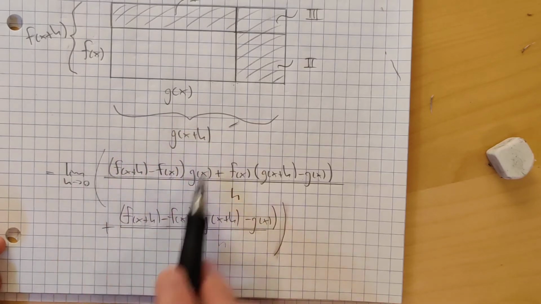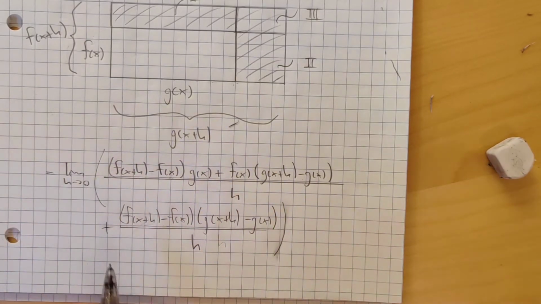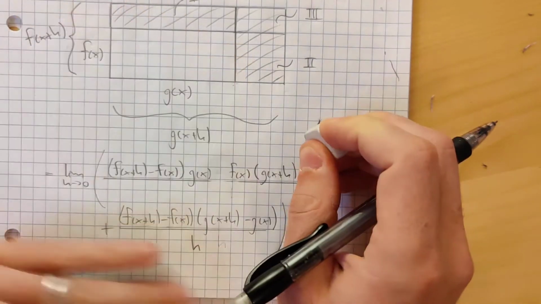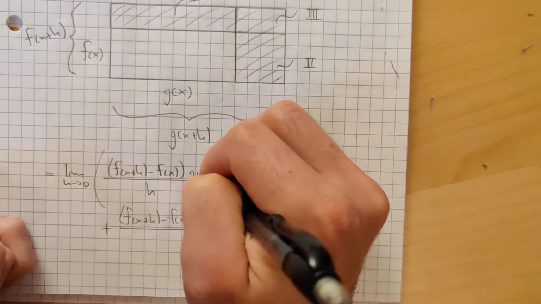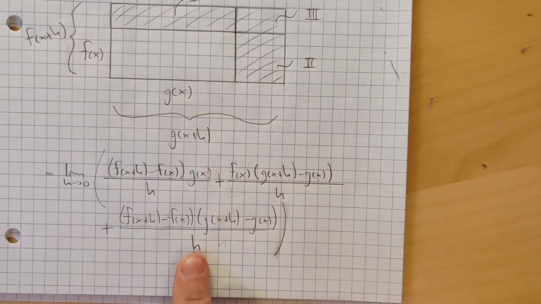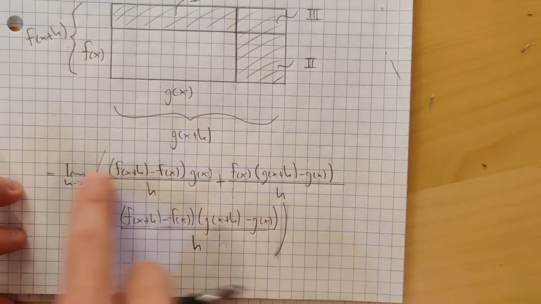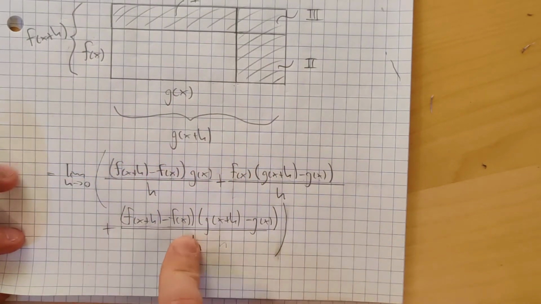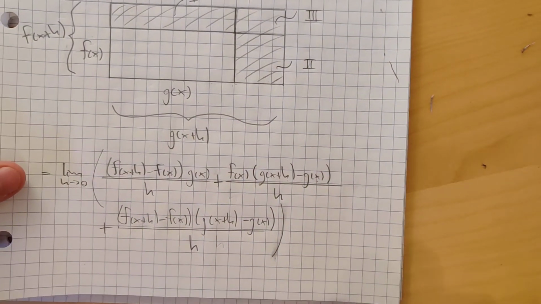The limit of this guy over h, the limit of this guy over h, and the limit of this guy right here. Essentially, we just have to write these fractions separately. This one over h, this one over h, and that one over h. We just split it up. And now we move in this limit, which we're allowed to do. Limit of this plus limit of that plus limit of that, as long as these 3 limits exist. And we'll see that they do in a sec.